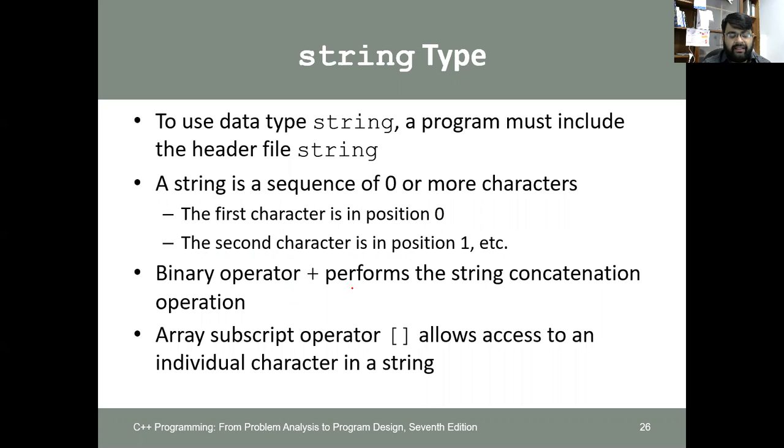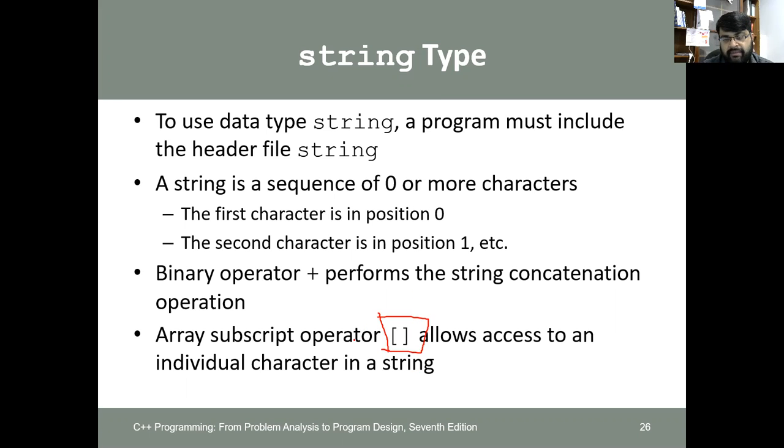The binary operator plus performs the string concatenation operation. So if you use plus between two string types, it is going to concatenate them, put them together. The array subscript operator allows access to an individual character in a string. We're going to study this in arrays later on, but you can use the same subscript operator to access an individual character.